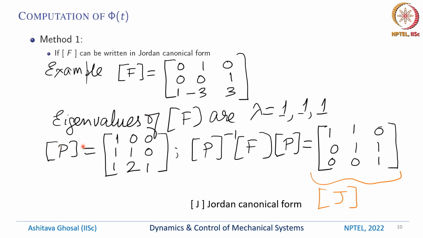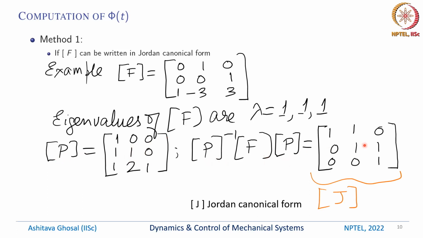Okay, so hence this P, the matrix which will convert it into the Jordan canonical form, can be written as 1, 1, 1, 0, 1, 2, 0, 0, 1. Where did I get this? If you go back and see your notes, you can see if the roots are repeated once, then the second column is the derivative of the first column. So here it is repeated twice, so this is what you will get as P.